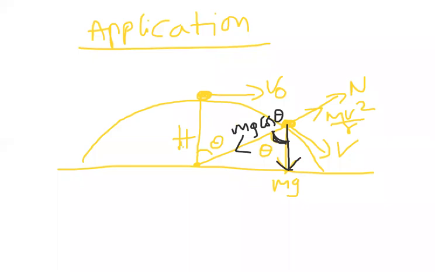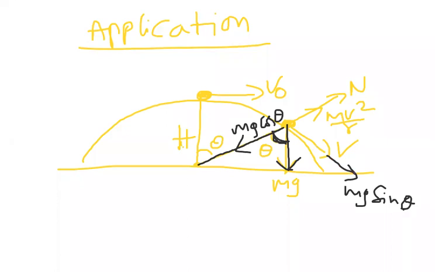In the tangent direction, that is in the direction of speed, we get mg sin theta. And mg cos theta in this direction.